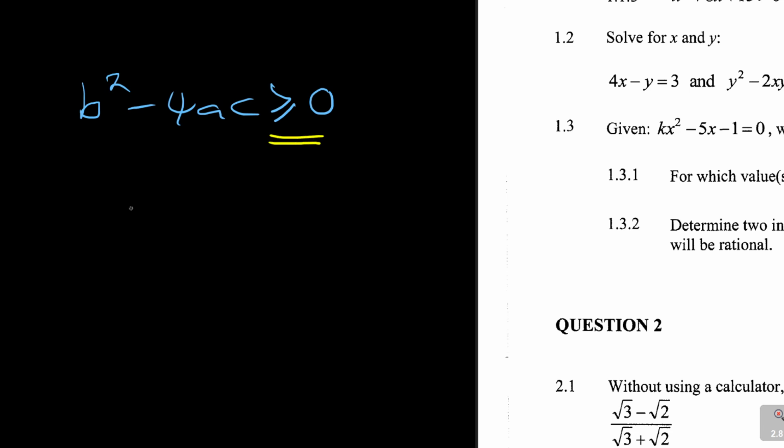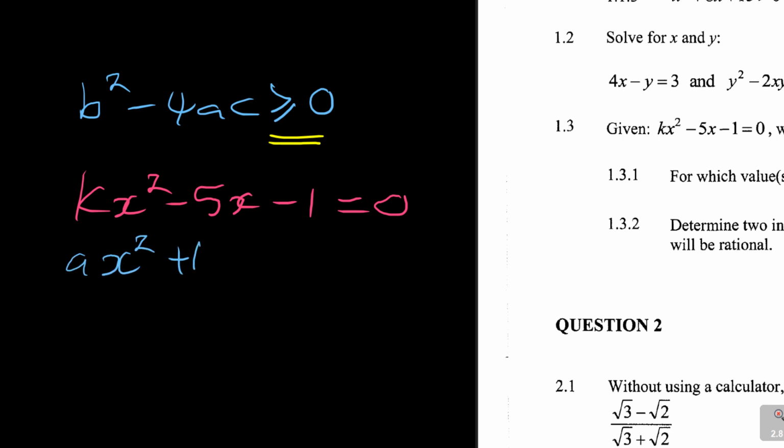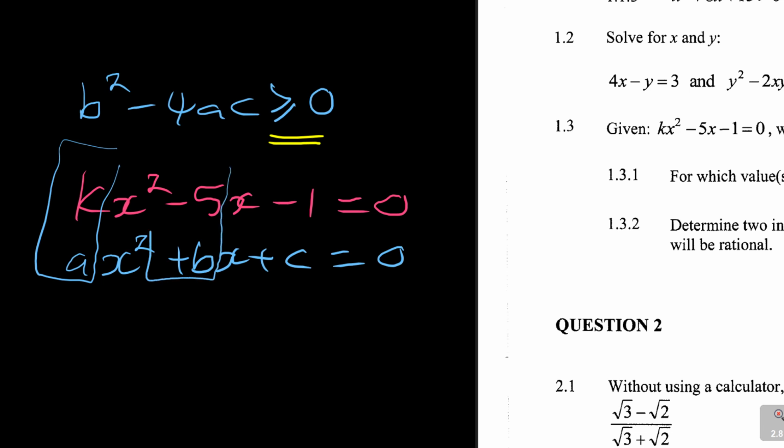So, but you come back and say, what do I have? I've got kx squared minus 5x minus 1. It was equal to 0. You identify what is coming from ax squared plus bx plus c equal to 0. You identify your a is your k. See that? Your b is minus 5. See that? Your c is negative 1.